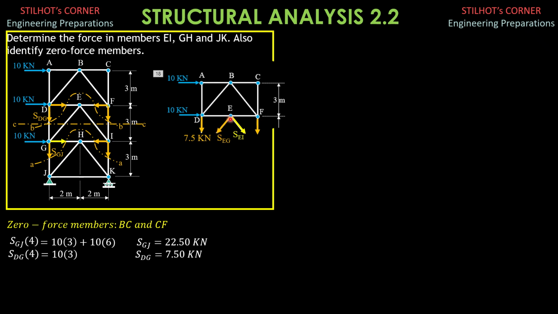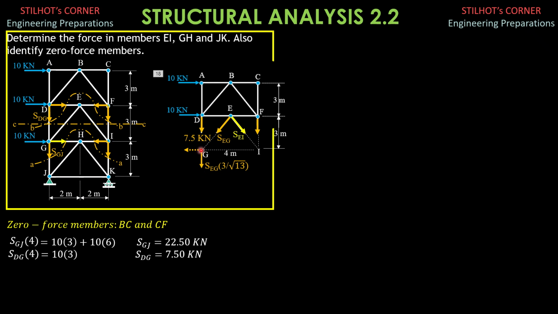So I apply the principle of transmissibility of a force. Let's move SEG to G, which is here, and we sum up moments about I, the intersection of SEI and this unknown member force, which is FI, as shown. That's 3 meters also. And this is G. SEG has two components, horizontal and vertical, but the horizontal component of SEG passes through I, so that's why I just denote it with a dashed component.